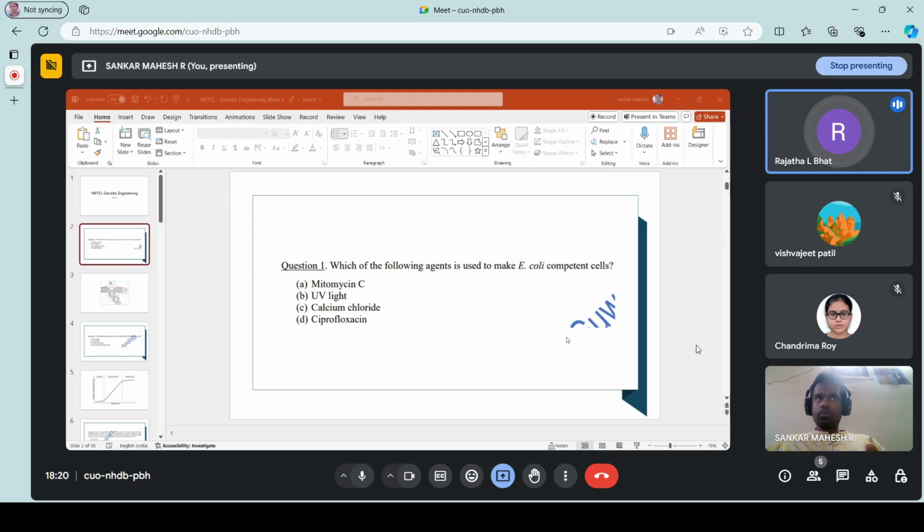It helps in neutralizing the negatively charged DNA and cell membrane. Okay. So if it neutralizes the negatively charged DNA and the cell membrane, what will happen? So what do you think will happen when the charges are neutralized?